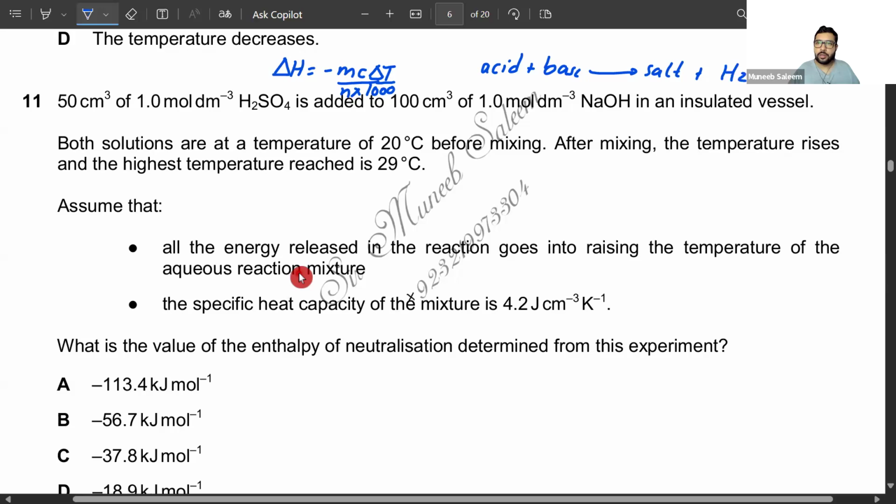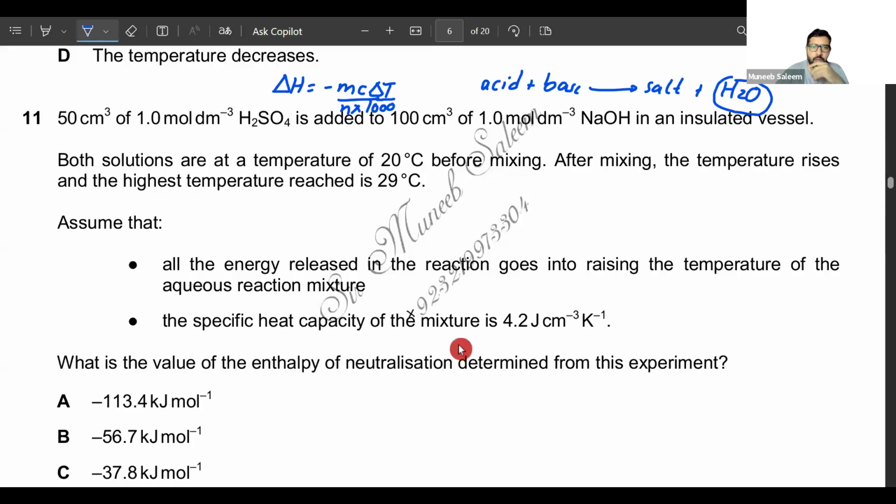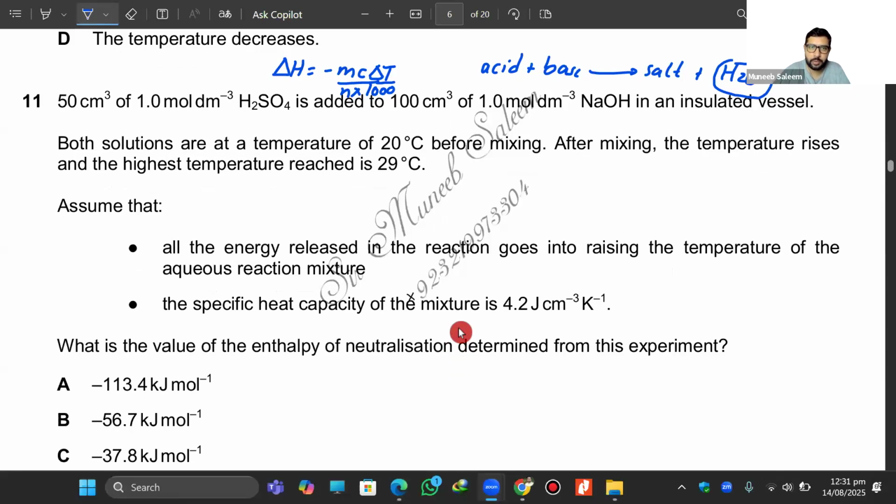The value of n should be equal to the number of moles of water produced in this reaction. So after knowing the reaction, the number of moles of water should be calculated.